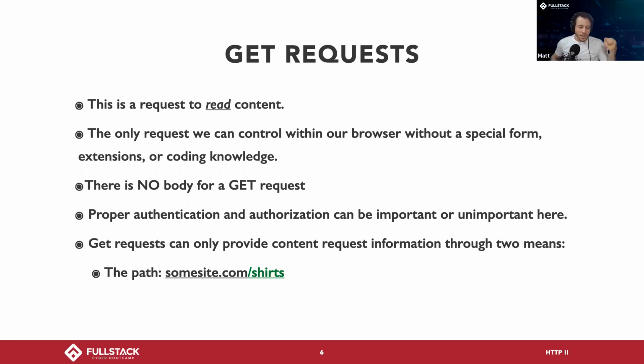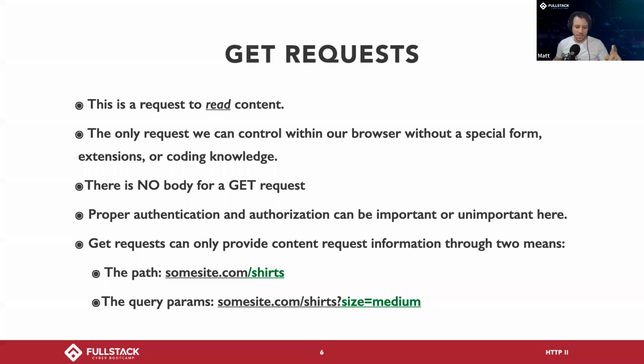Now, if you've been particularly observant while you're doing this, sometimes you'll see this question mark and something equals something else. These are called query parameters, and they're one way that you can send a little bit extra information with your GET request. Usually they're for filtering stuff down.